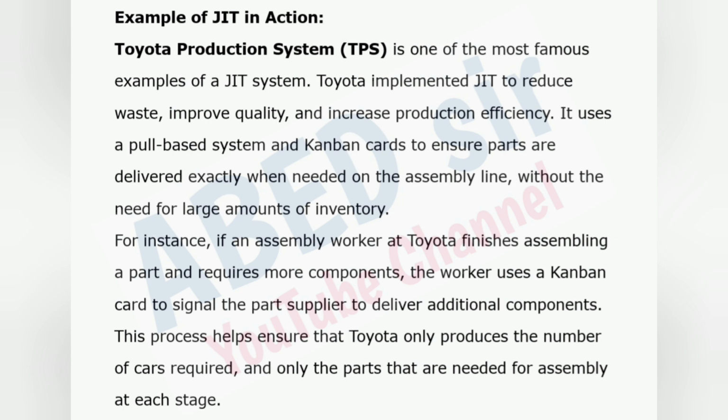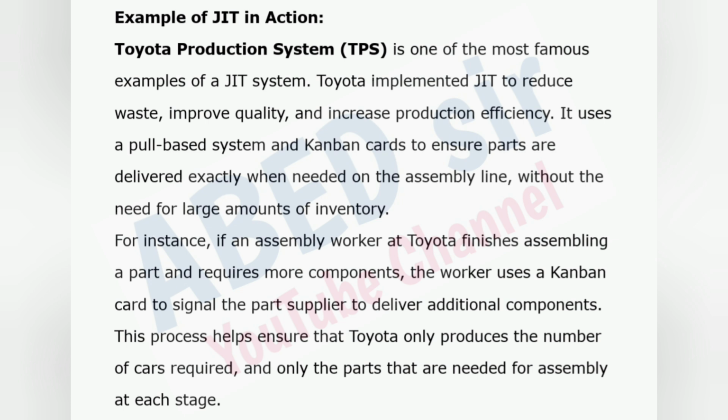Toyota Production System, TPS, is one of the most famous examples of a JIT system. Toyota implemented JIT to reduce waste, improve quality, and increase production efficiency. It uses a pull-based system and Kanban cards to ensure parts are delivered exactly when needed on the assembly line without the need for large amounts of inventory.